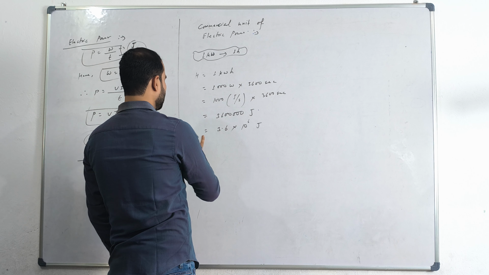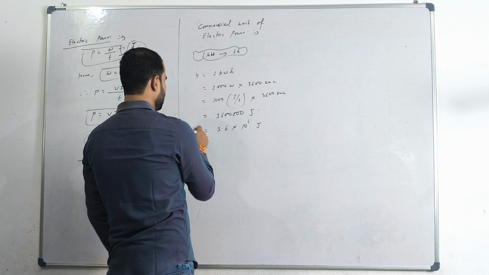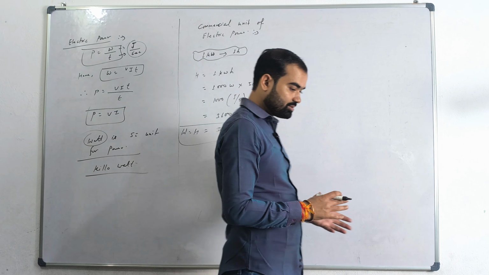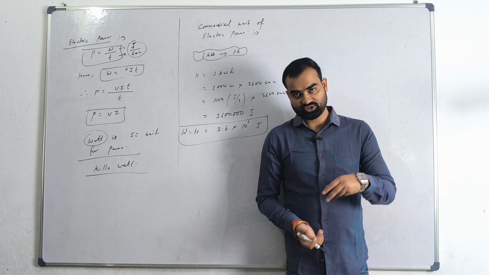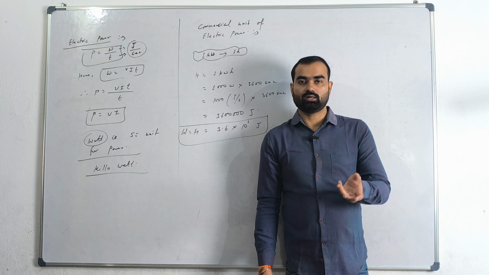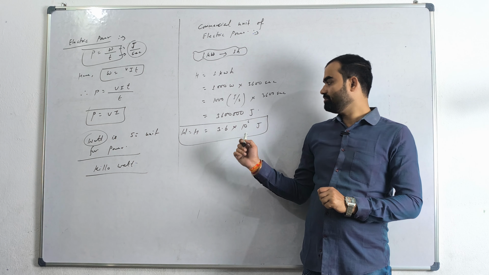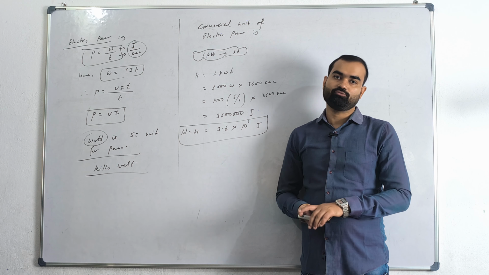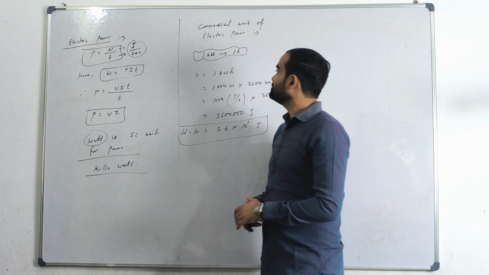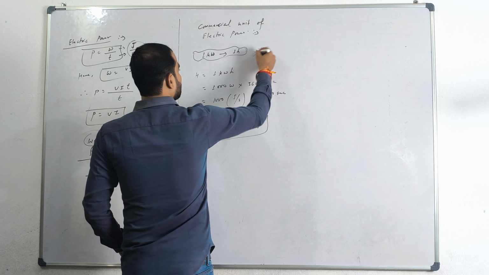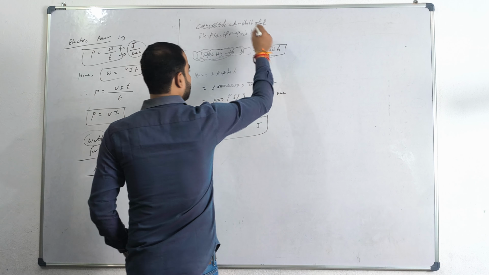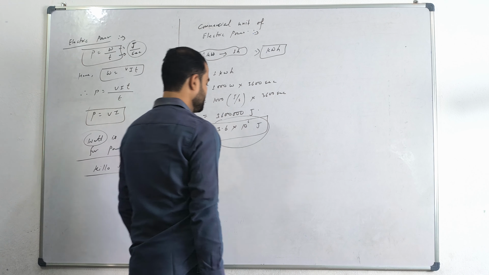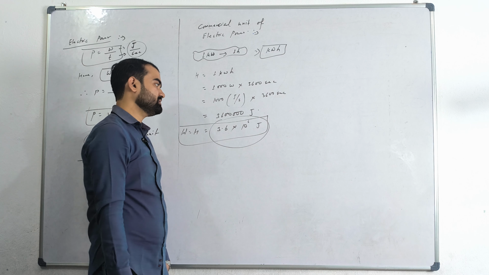This is the amount of work, the amount of heat energy, the amount of electrical energy which is used by a house, and on the basis of this value we calculate the amount for a month. This is the commercial unit of electric power, kilowatt hour. And what is the value of 1 kilowatt hour in terms of joule? This is 3.6 into 10 to the power 6 joule.